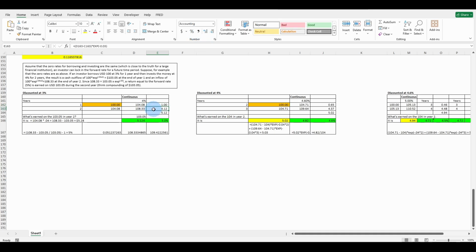And then here we have, this is 4.12. What's earned on the 103.05 in year 2? It would be 104.08 times 0.04. 104 after year 1 equals 108.33. C163 times e^0.04 is 108.33. And the answer is 5.28.